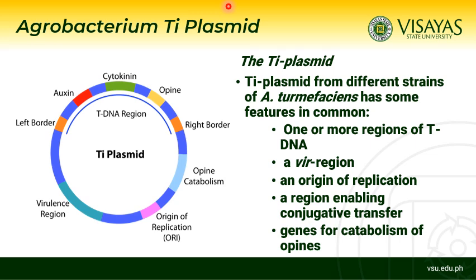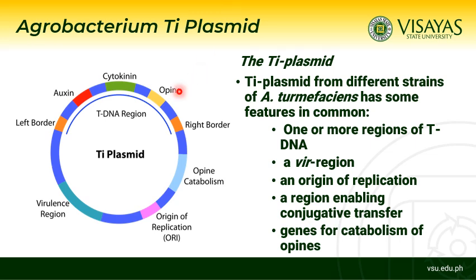The activity of the Vir proteins will promote the tDNA integration into the plant genome. And there are at least about nine vir operons identified in Ti plasmids, and they are the ones that enable the tDNA to be transferred from the plasmid to the host cells.